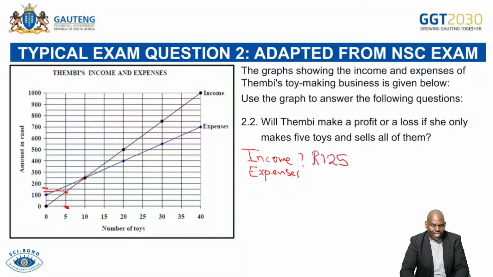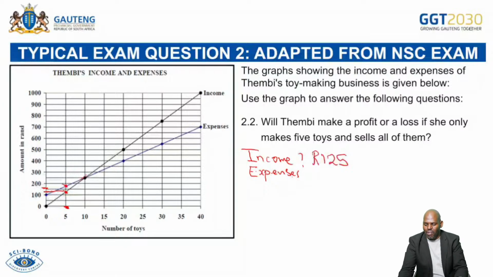Okay, now let's check the expenses. The expenses are between 150 and 200. What is the value there? If you want to know the value that is exactly between 150 and 200, you say 150 plus 200.